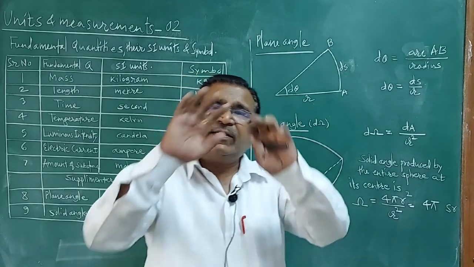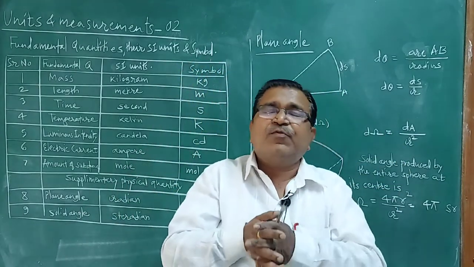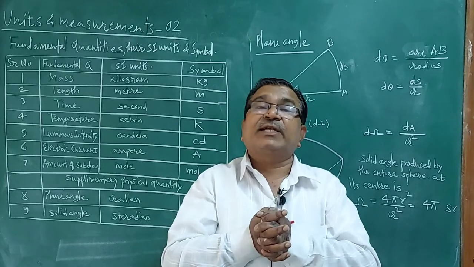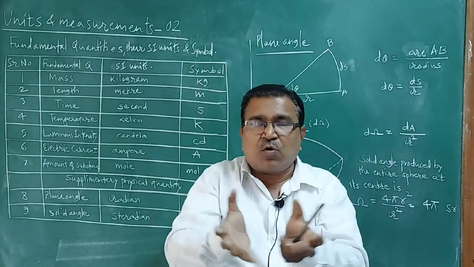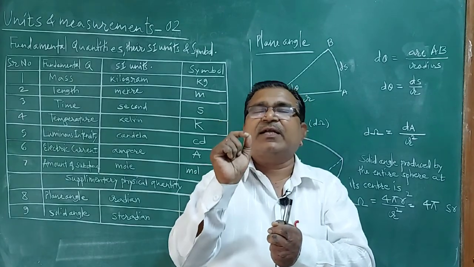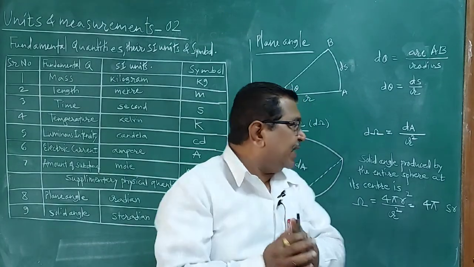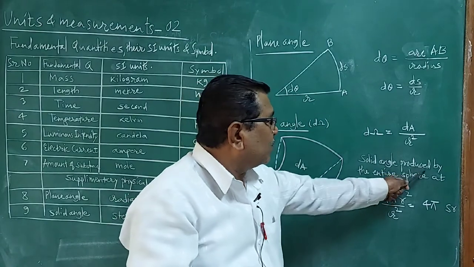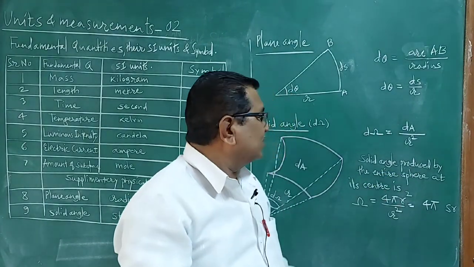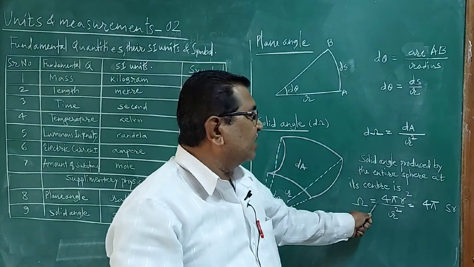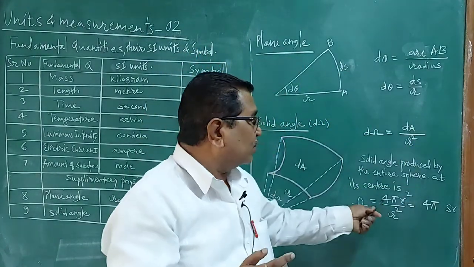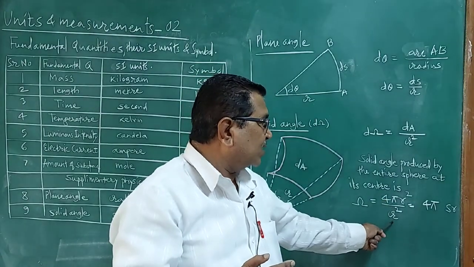Then take an example of the whole sphere. If we consider the whole sphere, then what is the solid angle? For the whole sphere, instead of d omega, we can write omega. So the solid angle produced by the entire sphere at the center is given by omega equal to the surface area of the sphere, which is nothing but 4 pi r square upon r square.